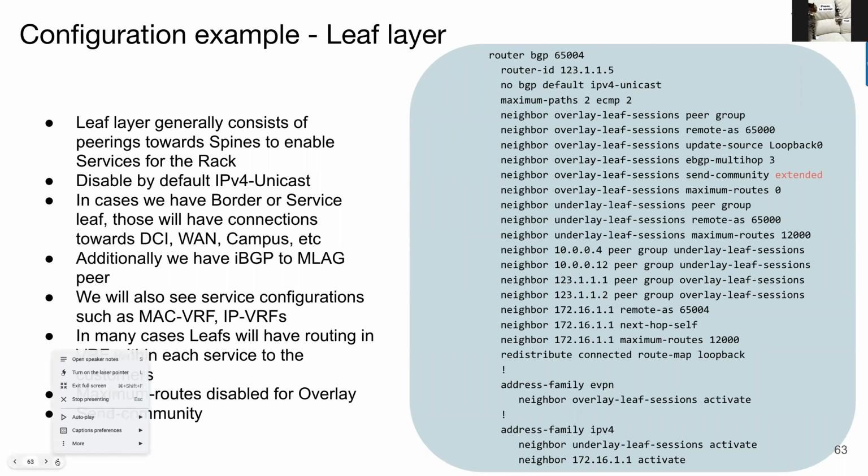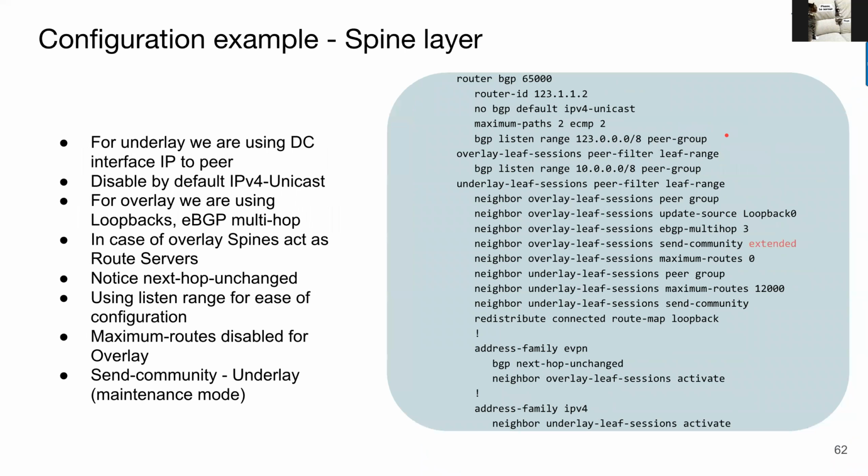So again, we're going to turn on our BGP process, assign it an AS, use our loopback 0 as our router ID, turn off our old gate D configuration, set our max paths, and then we'll create our overlay peer group using our remote AS as our spines. Remember, we didn't have to do this with the spines because we were setting it with our listen statement.